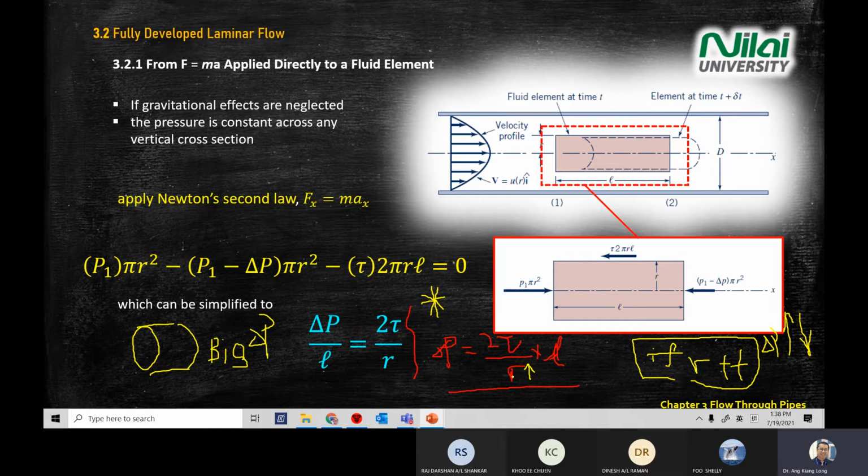You increase R, this one becomes bigger, meaning the whole magnitude will drop. The pressure difference will drop when your delta P becomes smaller.